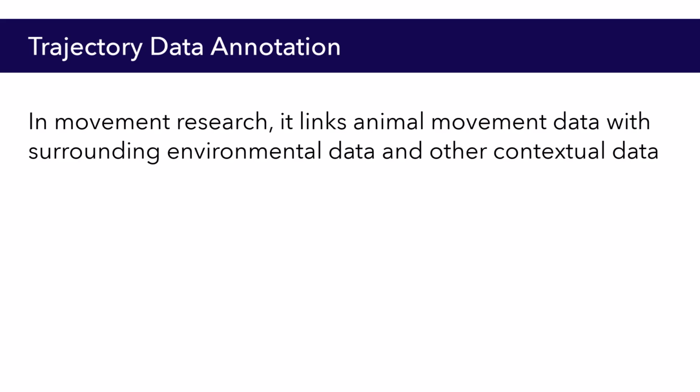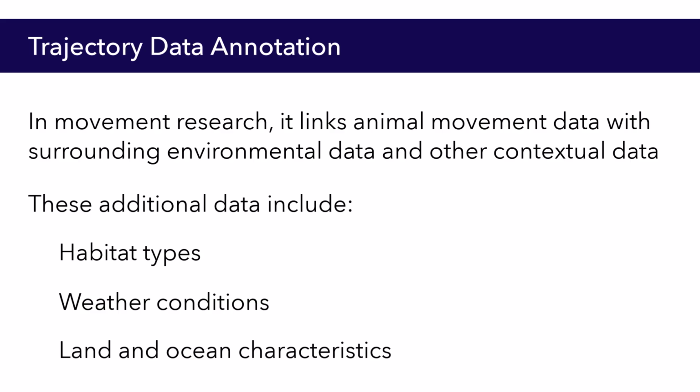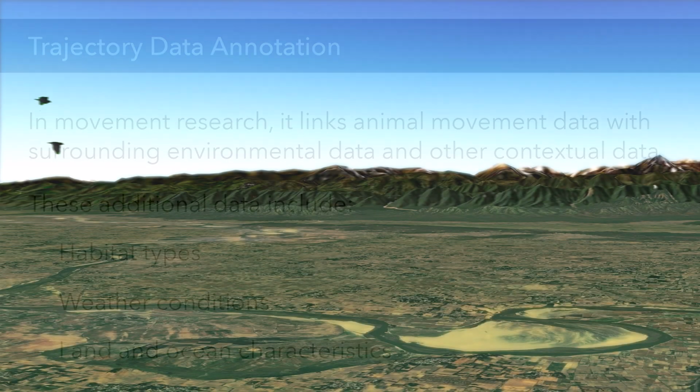In movement ecology, trajectory annotation enables researchers to enrich animal location observations with environmental variables such as habitat type, weather conditions, and information about land and ocean characteristics where the animal moves.